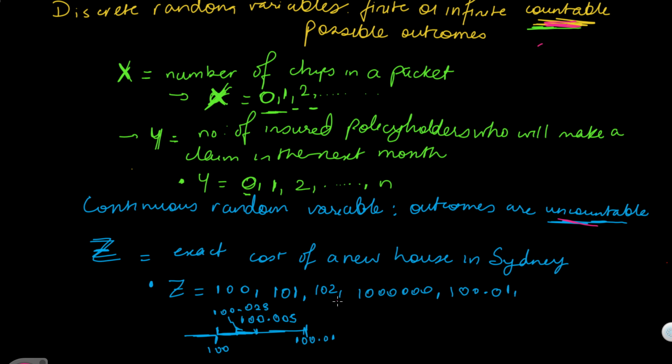The reason we differentiate between discrete and continuous random variables is because it impacts how we calculate things.